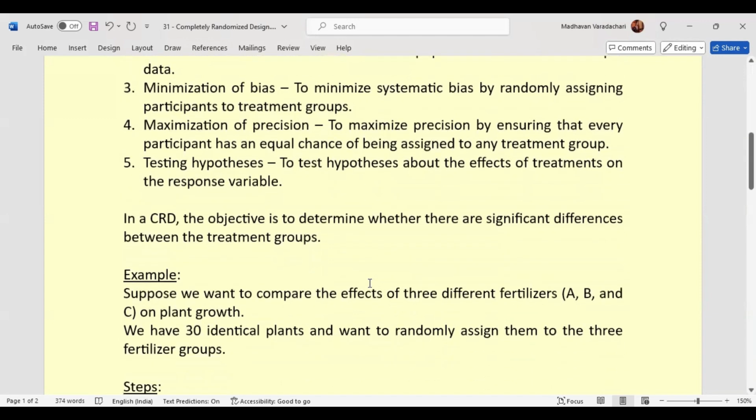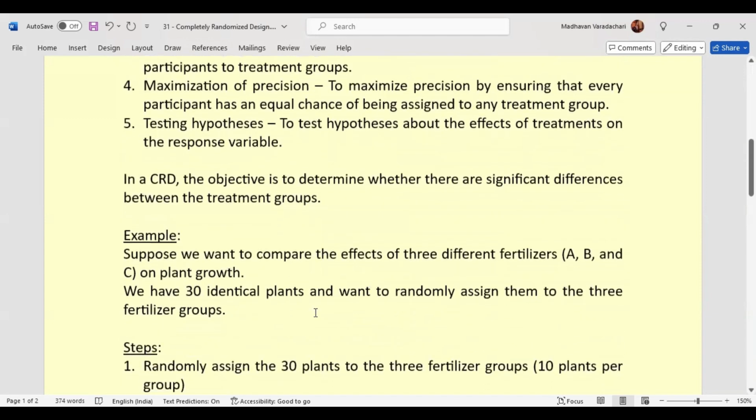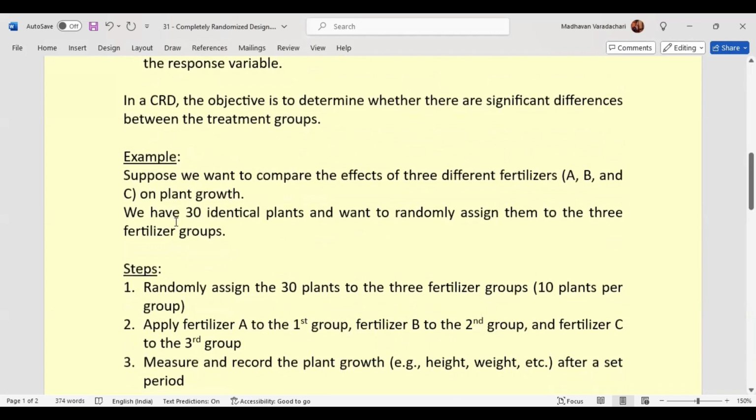Let us understand this through an example. Suppose we want to compare the effects of three different fertilizers, A, B, and C, on plant growth. Let us say we have 30 identical plants and want to randomly assign them to these three fertilizer groups. What are the steps to follow?